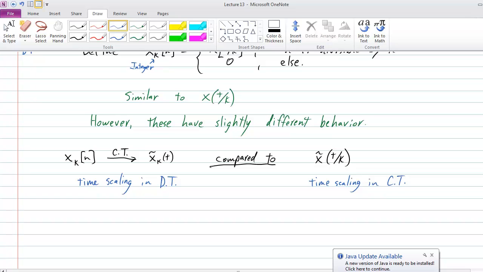Now I'm claiming that this is the Fourier transform associated with that Fourier series.